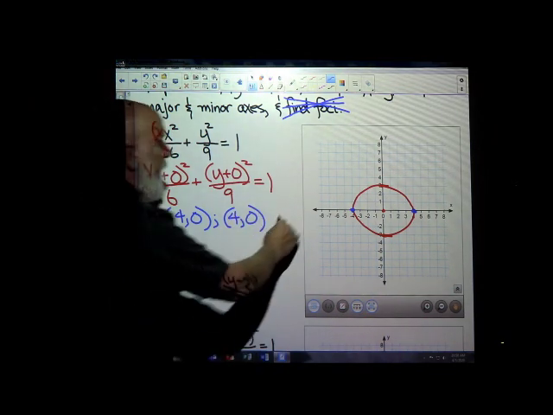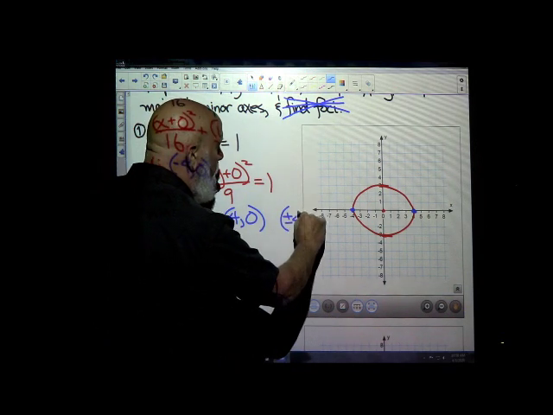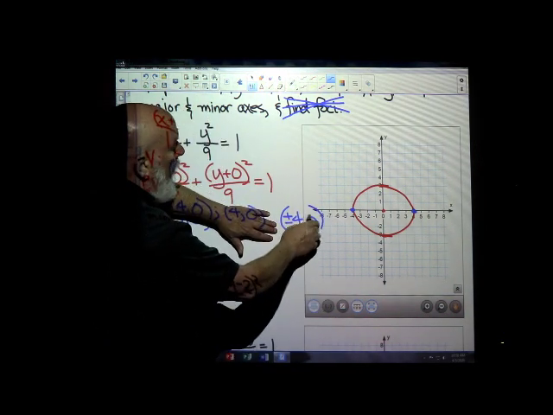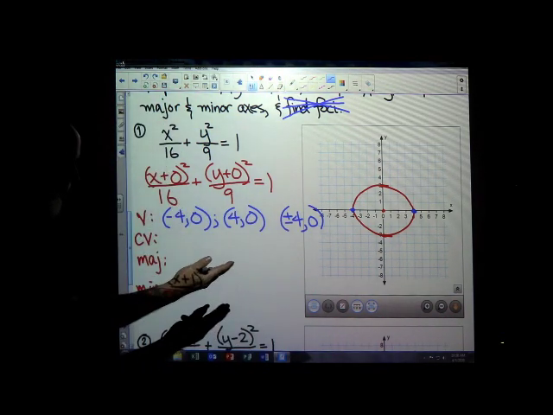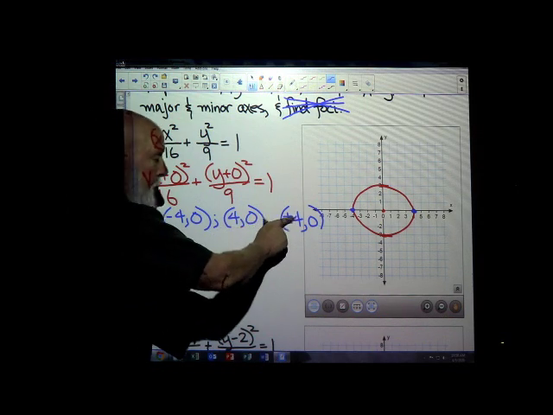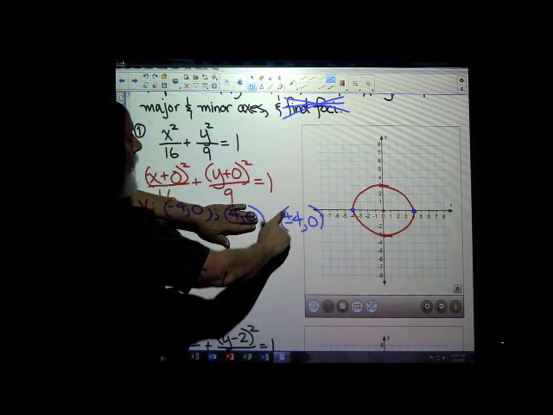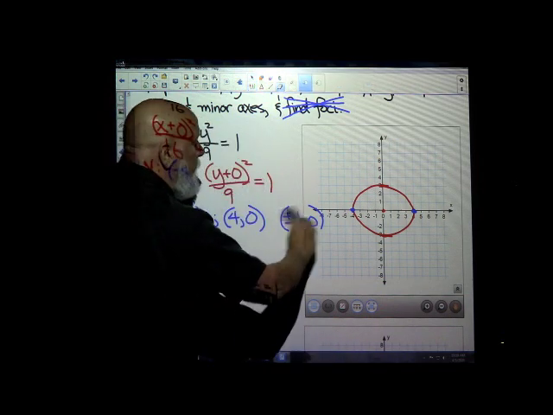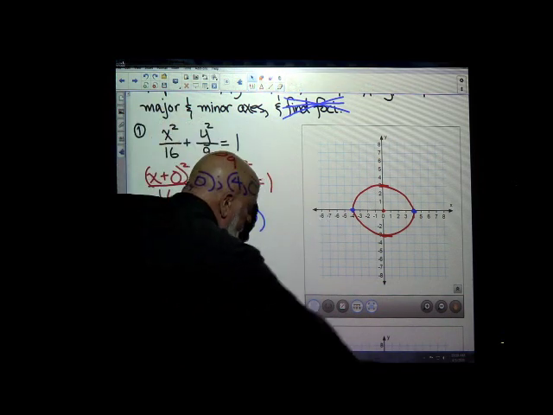And sometimes you'll see that written as plus or minus 4, 0. This is a way of writing both of these in one expression. Okay? I'm going to write them like this, but you can write 2 ordered pairs like this if you want to. But for now, we won't do that.